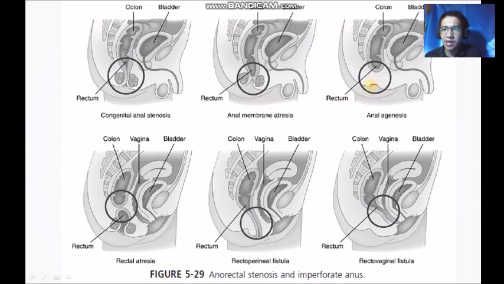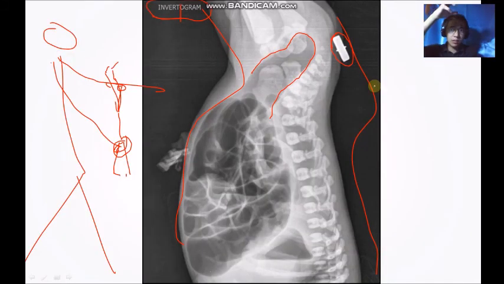We can put a lead marker in this area and have the patient positioned inverted, in order for the air in the intestines to be directed towards the upper portion. The most upper portion when we invert the patient would be the rectum.